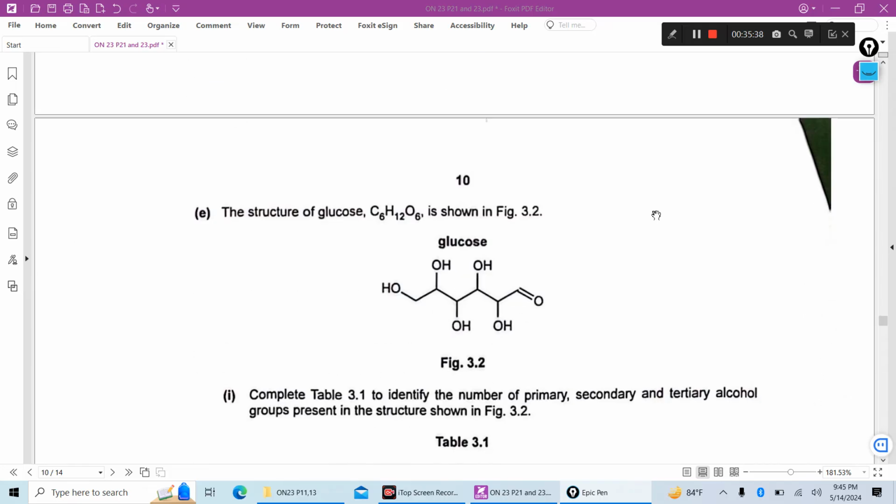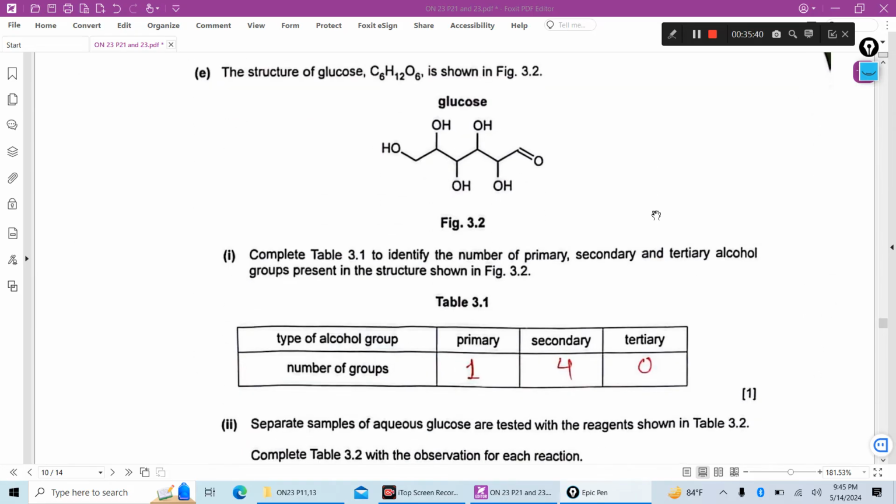Next, number E, the structure of glucose is shown in this figure. Number 1, complete the table to identify the number of primary, secondary and tertiary alcohol groups.